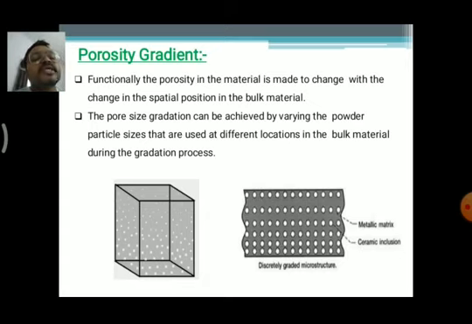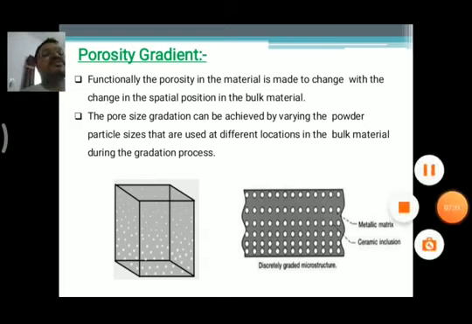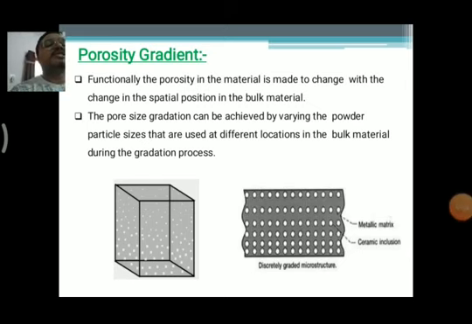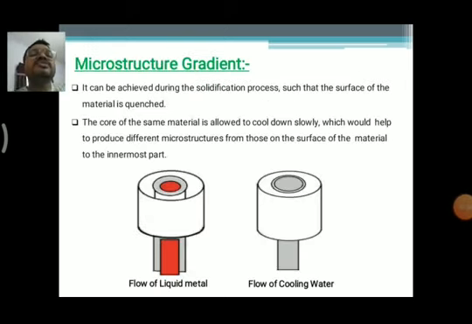Going to the right side picture, there are ceramic inclusions in the metallic matrix, and the left side one is the bulk material, which is in the shape of a cuboid. We are seeing the porous materials as light silver color, and the dark grayish color is the metallic matrix observed in the porosity gradient.